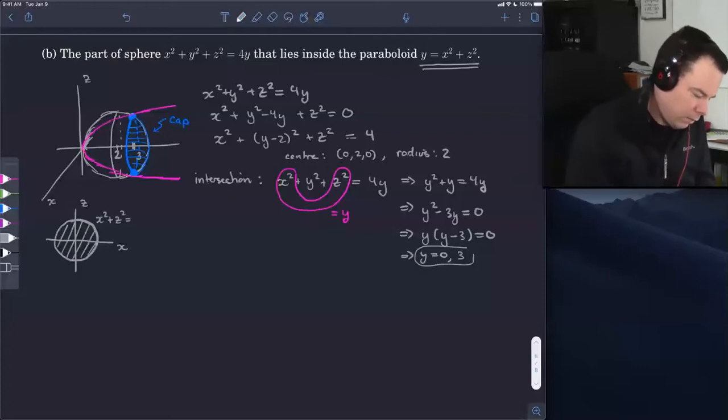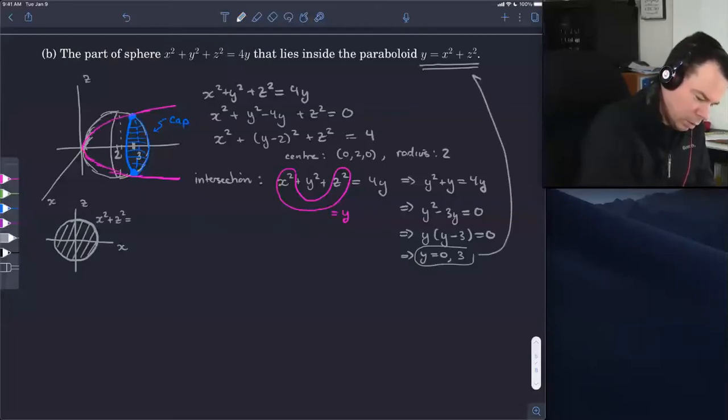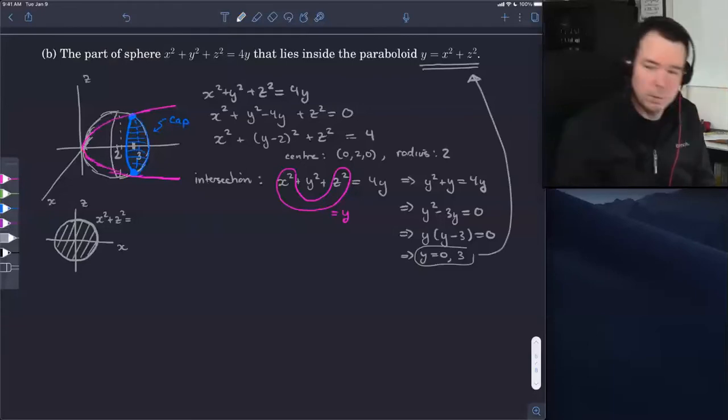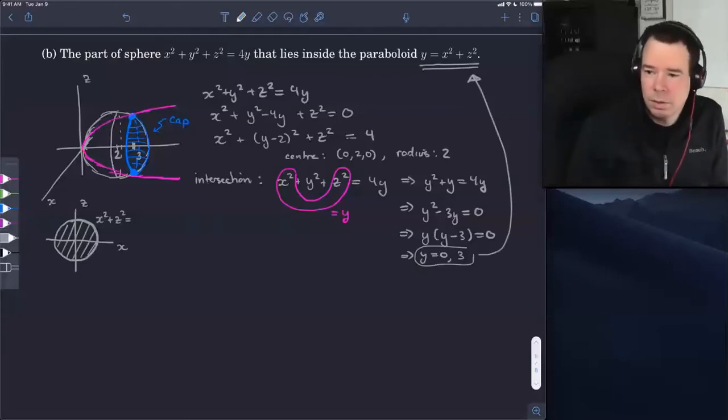We know the y value that we have. The intersection is going to happen when y is equal to 3. We can look at our paraboloid here. That's our intersection. When y is equal to 3, that's the disk that we're getting.